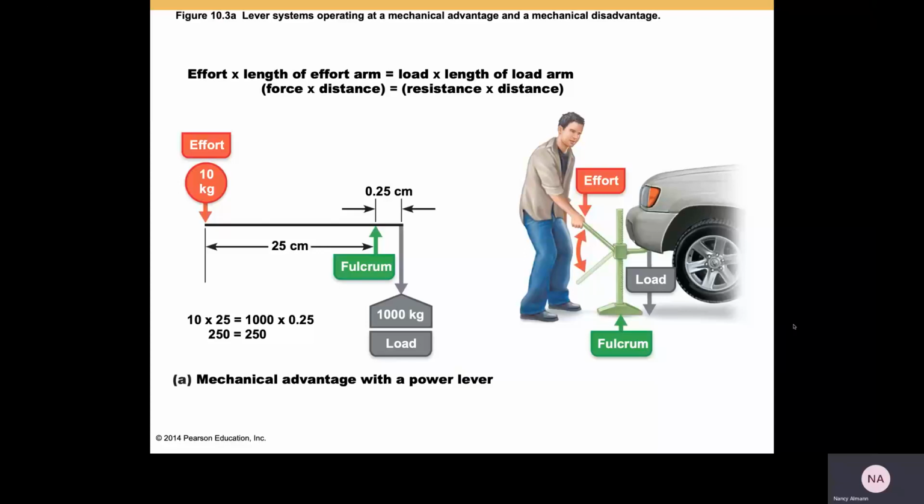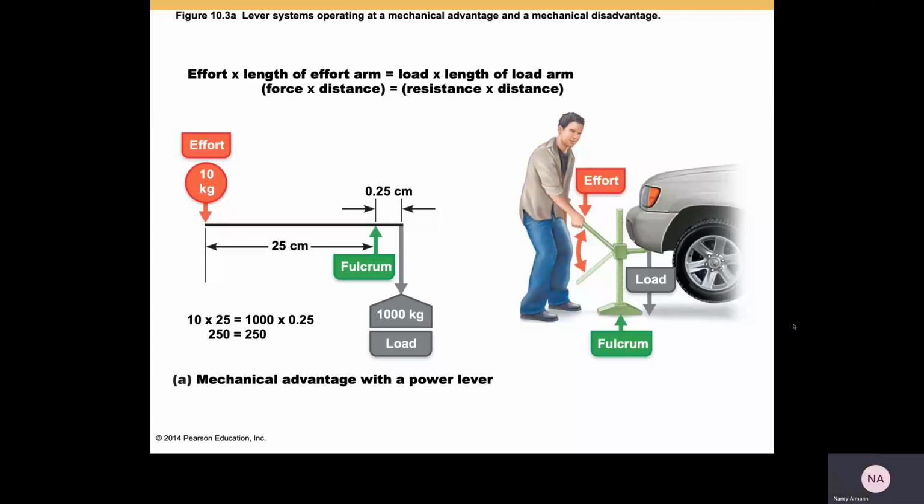So this gives you some information about levers. You see the effort, you see the fulcrum, you see the load, and a classic example is jacking a car up. I will not ask you that equation.